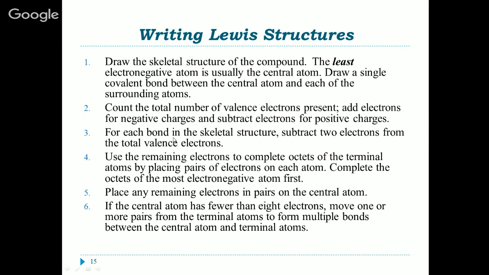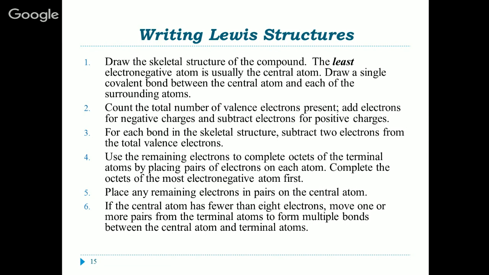When we are going through here and we're making our bonds, there has to be at least a single bond between the central atom and all of the outside atoms. So when we're doing this and you're looking at your electron count, each bond that you make is taking 2 electrons away from your total valence electrons. Once you've made your single bonds, we place the remaining electrons on the outside atoms, or what they call terminal atoms, by placing those pairs of electrons.